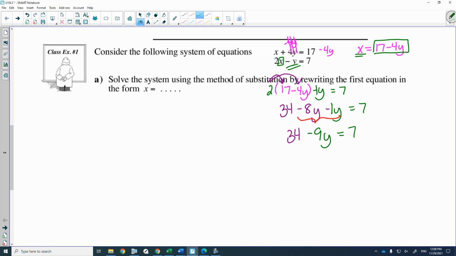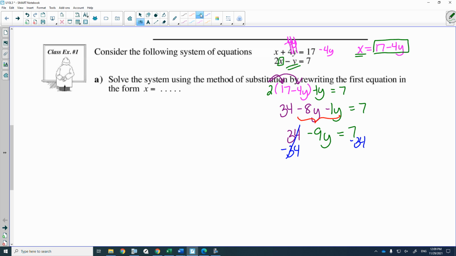And I'm going to solve for y now. Now there's two different ways I could solve for y, right? I could subtract 34 from both sides, or I could make my y positive. What I'm actually going to do is I'm going to do the opposite of what you're used to. I'm going to keep my y here, and I'm going to get rid of the 34, just to show you that there's two different methods that you could do.